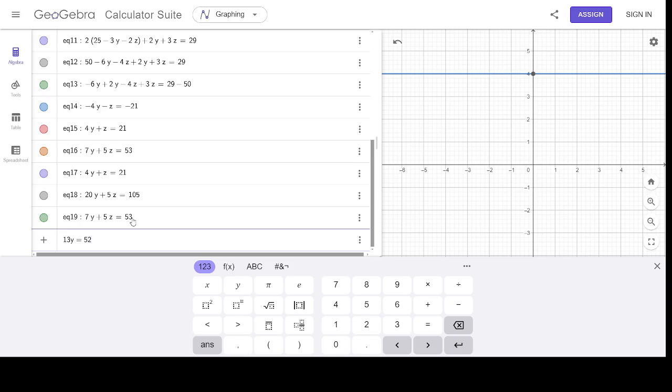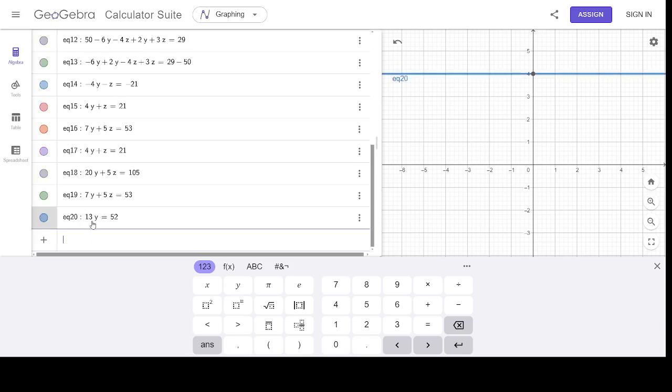All right. So in this case, we are going to divide through by 13. 13y is equal to 52. So divide by 13 to get the value of y. Let me just show it.